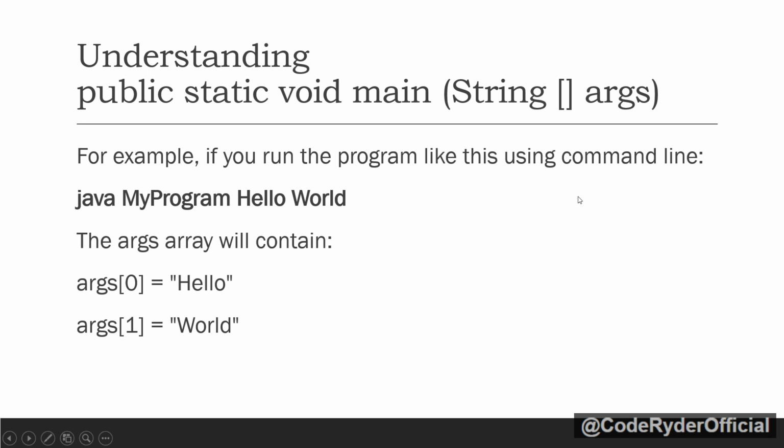I'll show you. Say for example you have the program MyProgram and you want to run it, and you write java MyProgram Hello World on the command line. It will automatically pass Hello as the first argument of the string array, and World as the second argument of the string array.